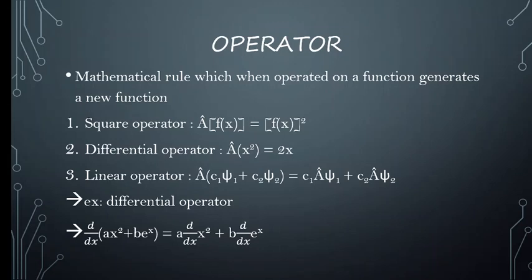After the operation we can write it as a into d by dx of x square plus b into d by dx of e raised to x. Further simplification can be done, but the nature is linear, so it comes under a linear operator.